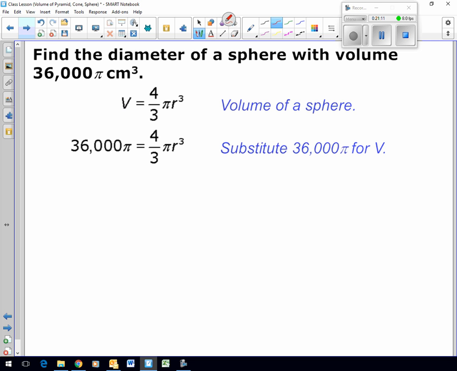Let's solve for r in this equation. Divide both sides by pi. You got me? Dividing both sides by pi. I get rid of pi altogether. Okay? I get 36,000. Mr. Estevanco, I highly suggest you take notes on this.